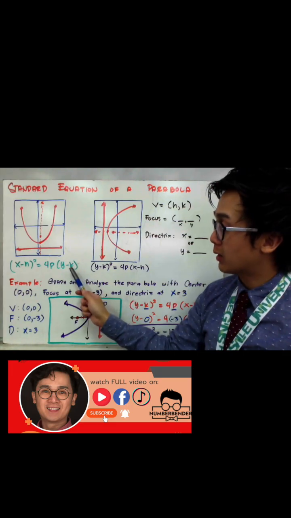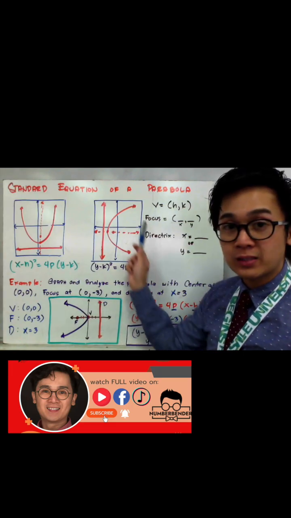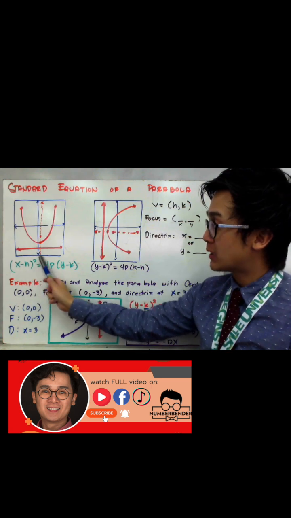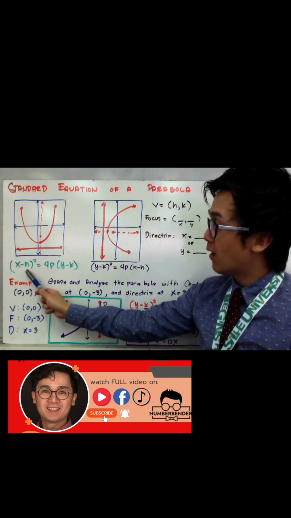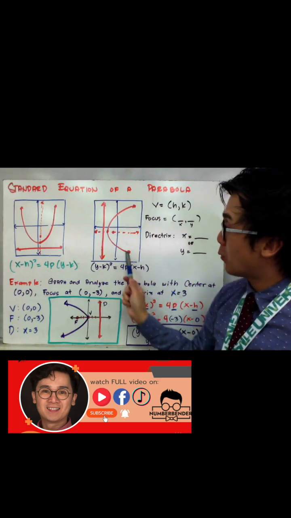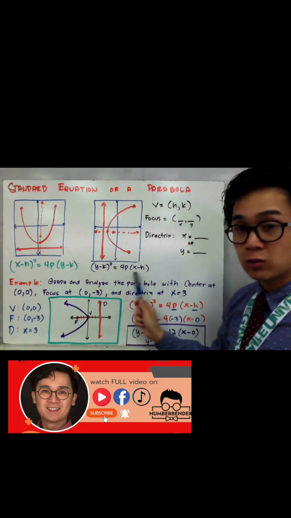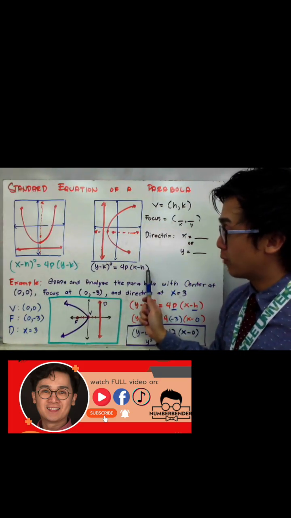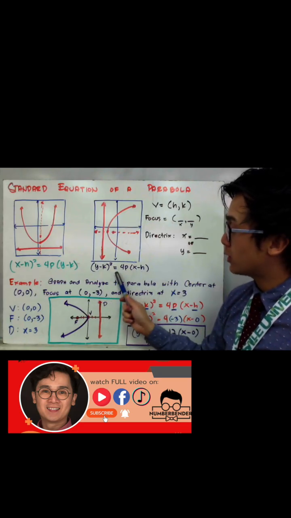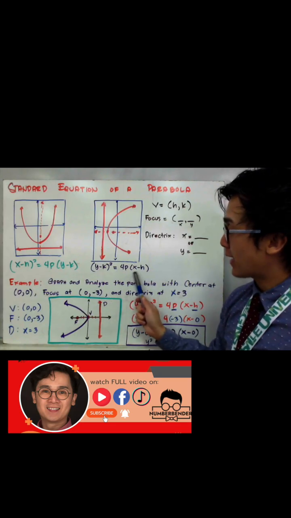Now, for the parabola that's opening horizontally, you will notice that we have the exponent 2 on x minus h for a parabola that's opening vertically, and for the parabola that's opening sideways, your orientation will change, and so does your formula. So now your formula will be (y minus k) squared equal to 4p times (x minus h).